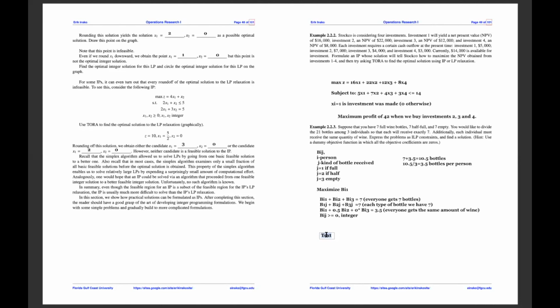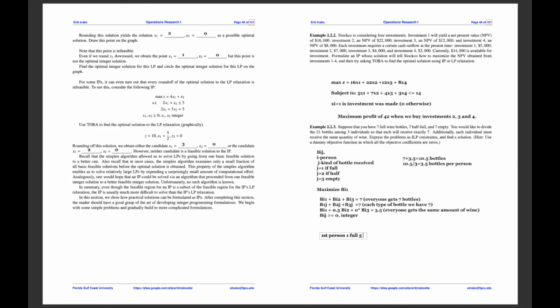So basically we found out that the first person would get 1 full bottle, 5 half bottles, and 1 empty bottle.